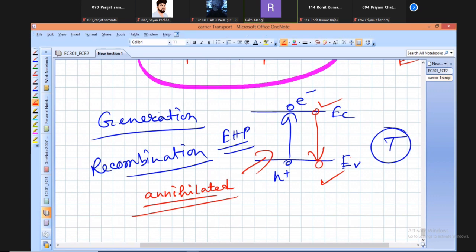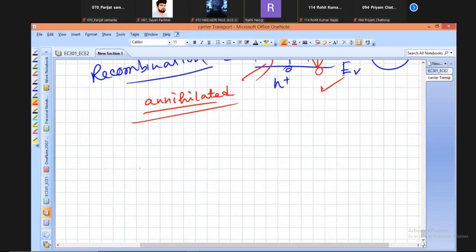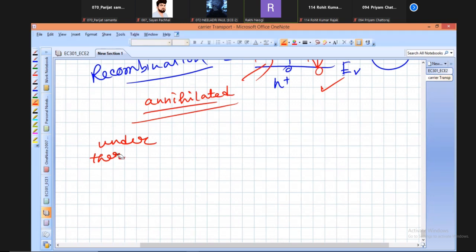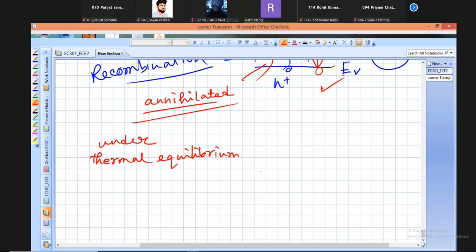Under thermal equilibrium, as I mentioned, the net carrier concentration will be independent of time. That means the generation rate of electrons and holes will equal the recombination rate of electrons and holes. That means under thermal equilibrium, I can write G_n0, the generation rate of electrons under equilibrium.